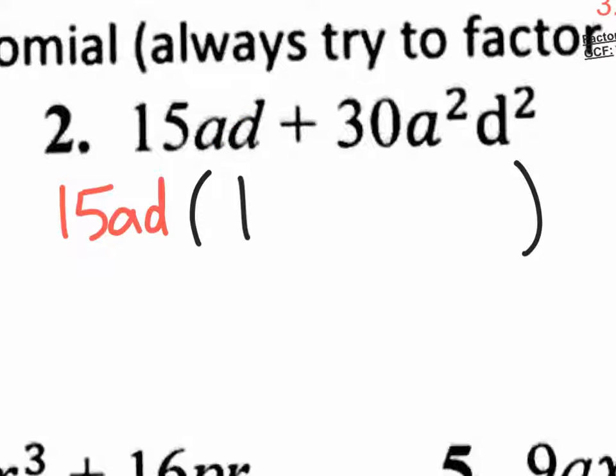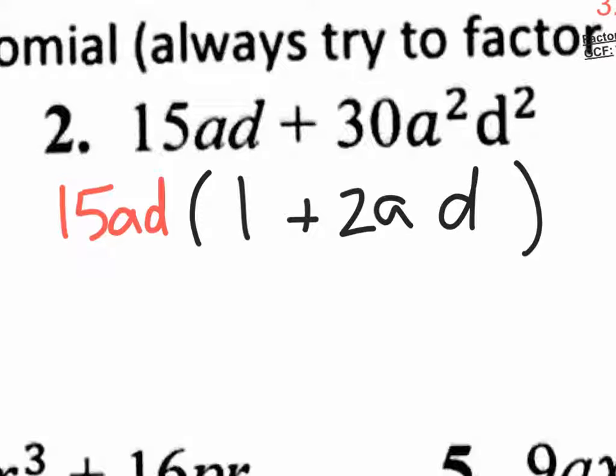And then when we think of 15ad times what gets us a positive 30a squared d squared, we can start with the coefficient. 15 times what gets you a positive 30? Well, 15 times positive 2 would get you a positive 30. And then let's go for the a. A times what will get you an a squared? A times a will get you an a squared. D times what will get you a d squared?